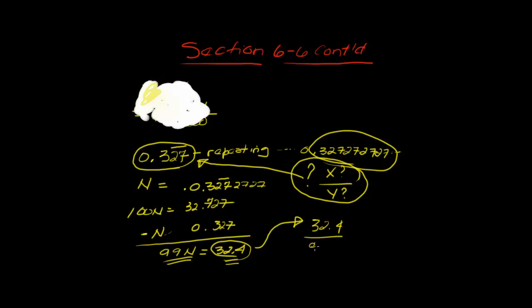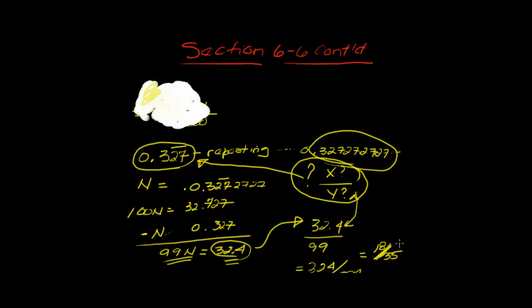That fraction, therefore, is 32.4 over 99. Now, that represents this fraction. Your next job is to simplify that, which is 324 over 990. And since the book has done the hard work here, that is 18 over 55. I'm running out of space, but that's okay.